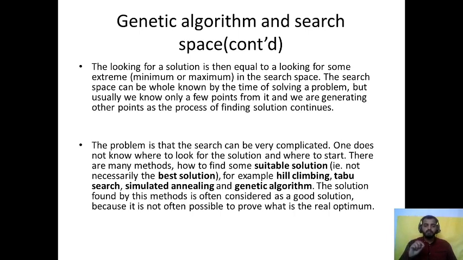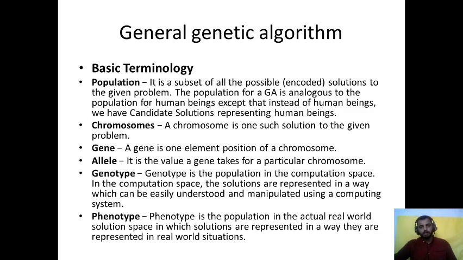The solutions found by these methods are often considered good solutions because it is often not possible to prove what the real optimum solution is. So this is what we call the search space with reference to the genetic algorithm.